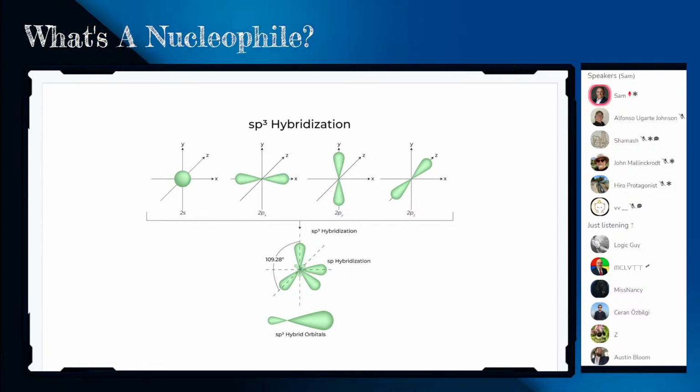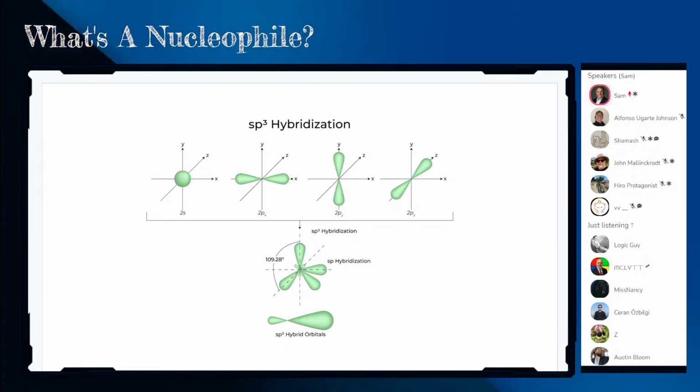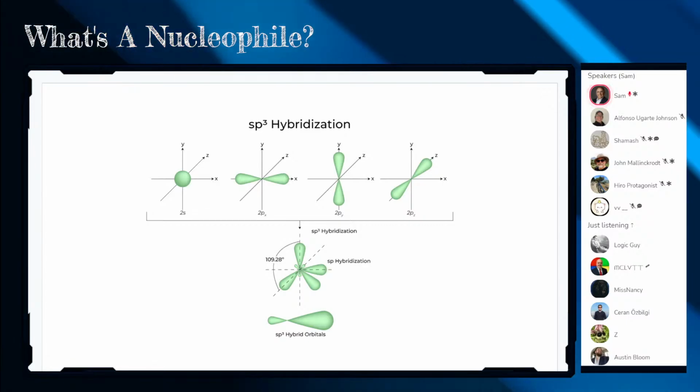So as between carbon and oxygen, oxygen is a lot more electronegative than carbon is. And so in both the pi bond and sigma bond, what oxygen does is that it pulls the electrons more towards itself.